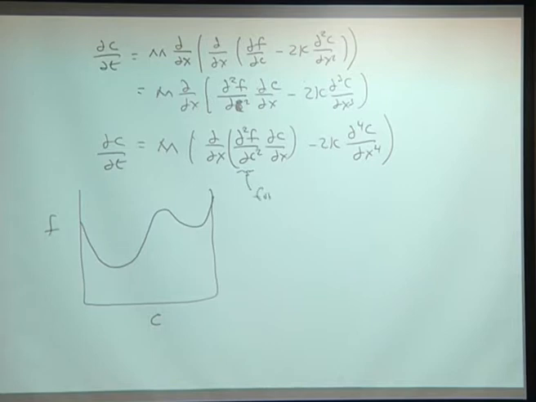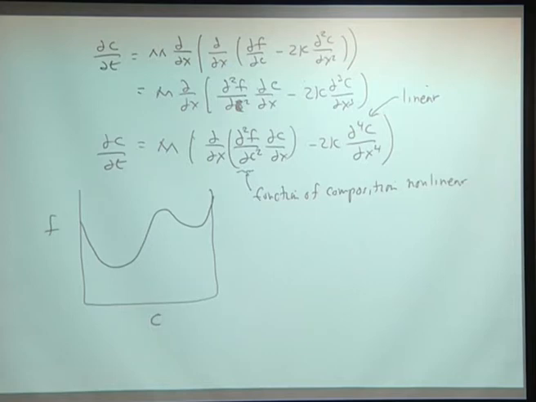This is some function of composition, and you see that this function of composition multiplies the derivative of c with respect to x, and so this is a nonlinear term. Whereas this term up here, the gradient term, is just the fourth derivative. K is a constant independent of composition, so this is a linear term. So that's a little bit easier to handle, numerically, analytically.